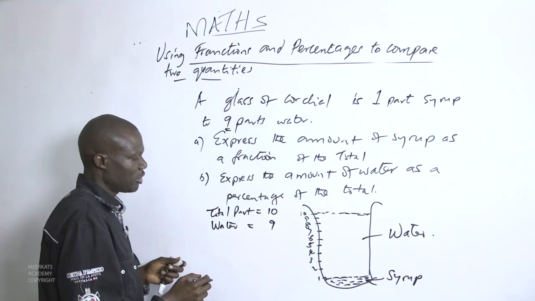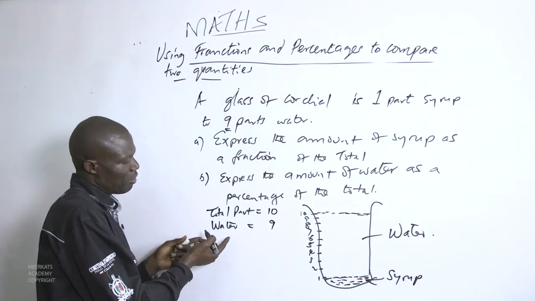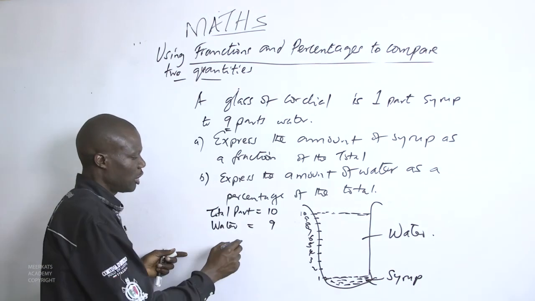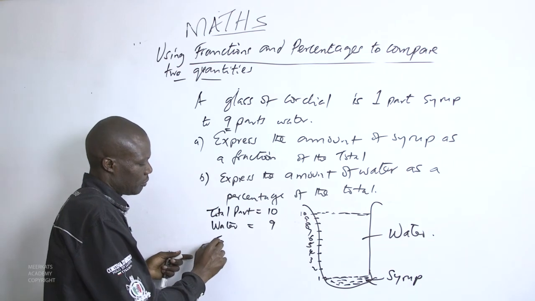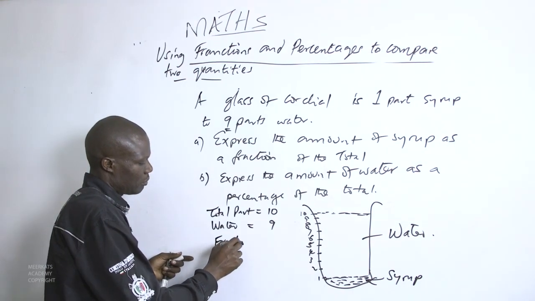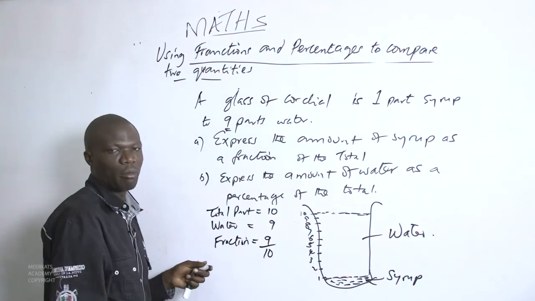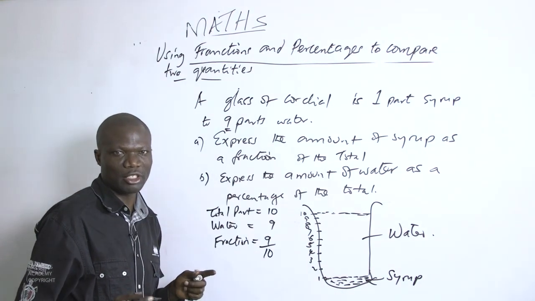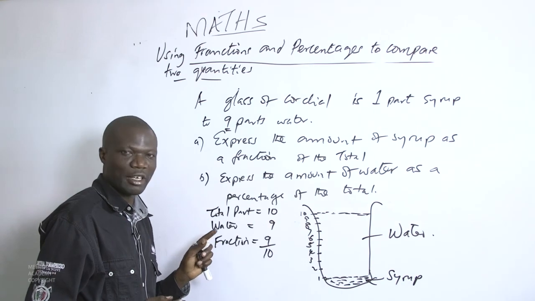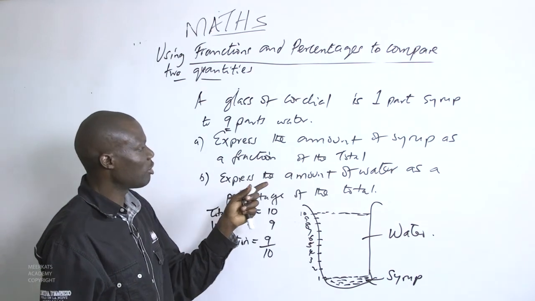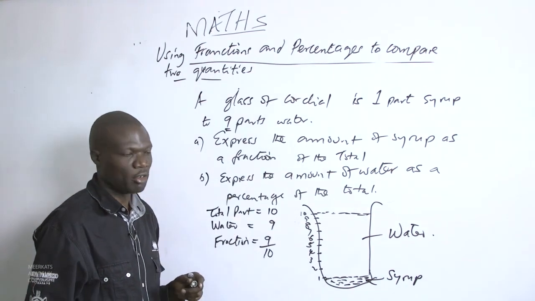So as a fraction, the amount of water is 9 over 10. But that's not what they are asking us to do. They are asking us to find the amount of water as a percentage of the total.